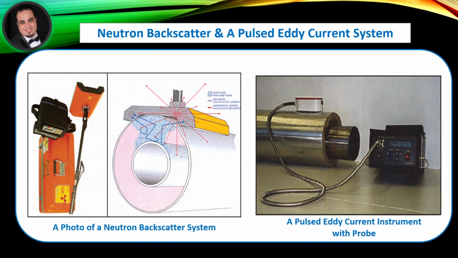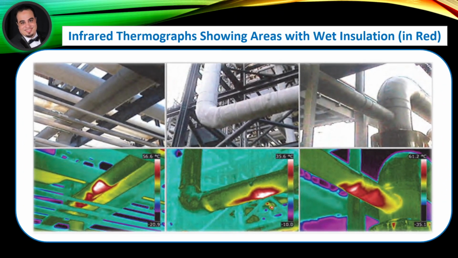Examples of neutron backscatter and a pulsed eddy current system. As illustrated in figures. Examples of infrared thermographs showing areas with wet insulation, in red.